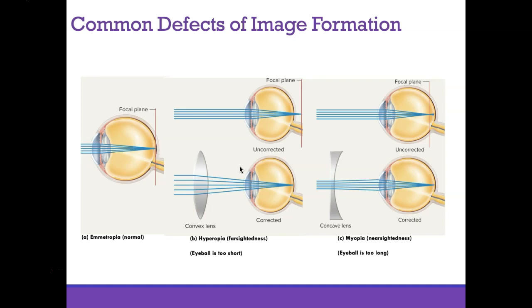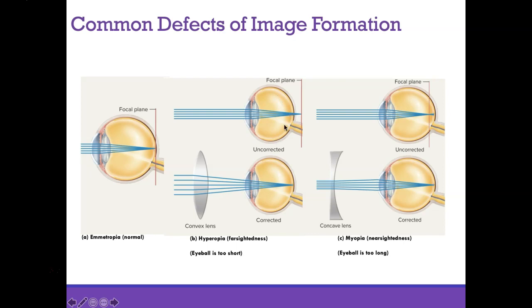However, if you are farsighted, that means the eyeball is too short. So what happens is that the eyeball is too short, the light gets bent behind the retina. So that's, again, hyperopia is farsightedness. That's when the eyeball is too short, right?